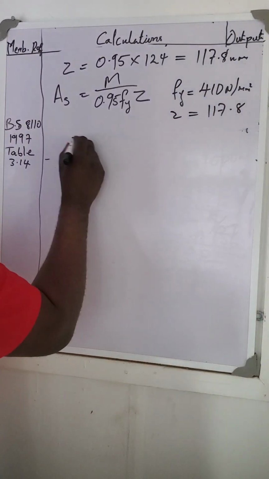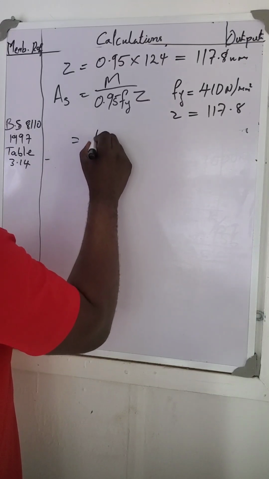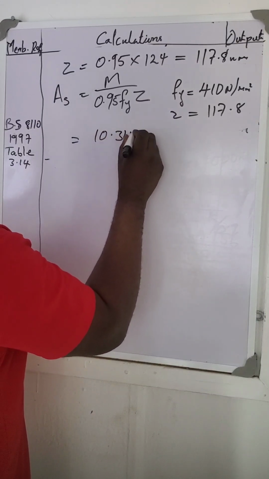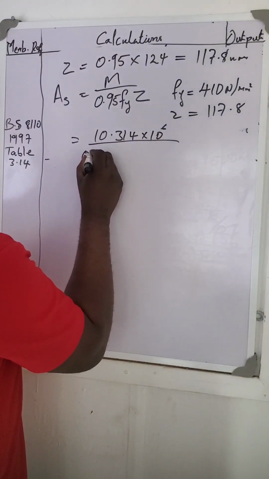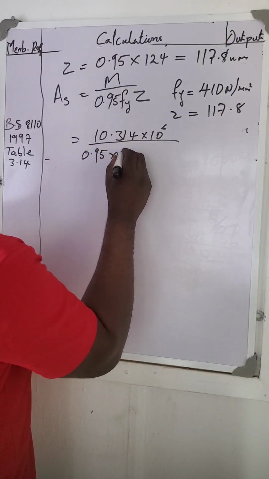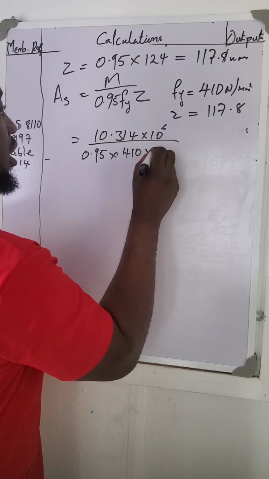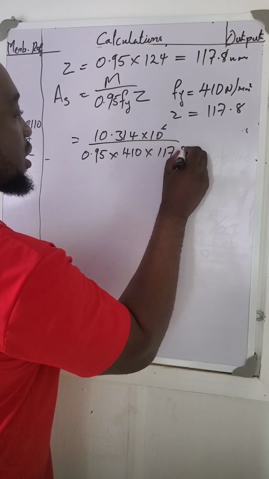By the time you compute, you now have 10.314 times 10 raised to the power 6 over 0.95 multiplied by 410 multiplied by 117.8.